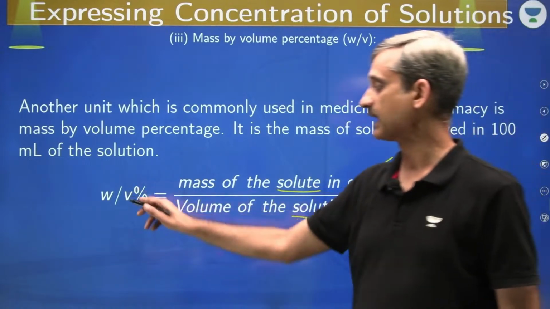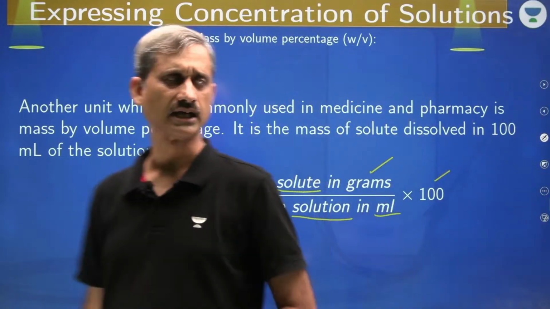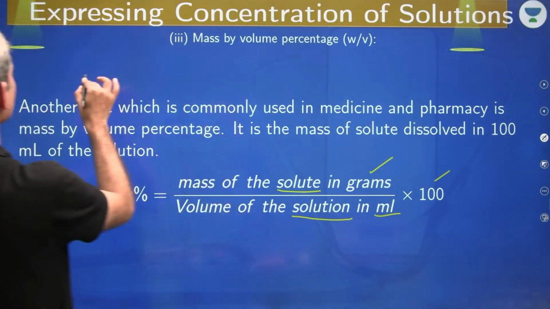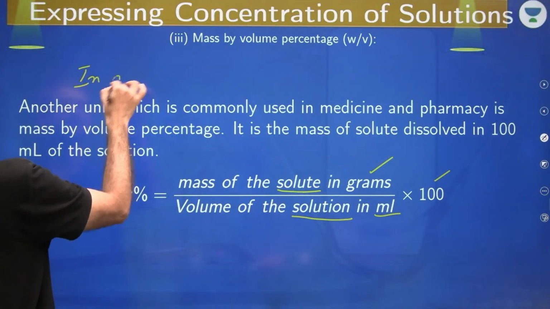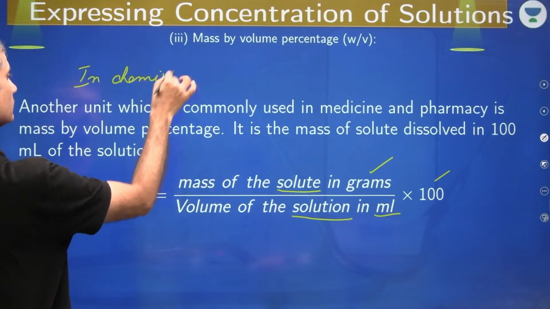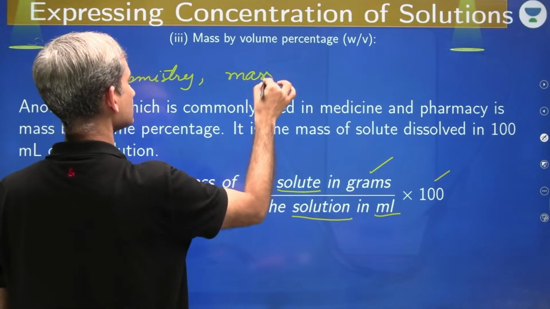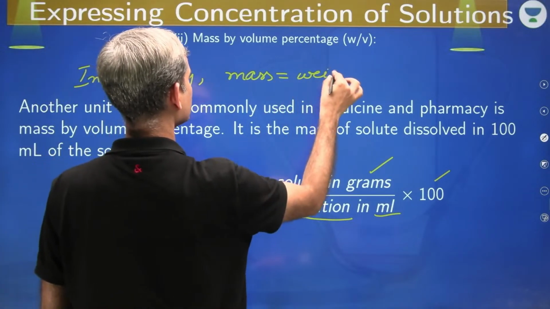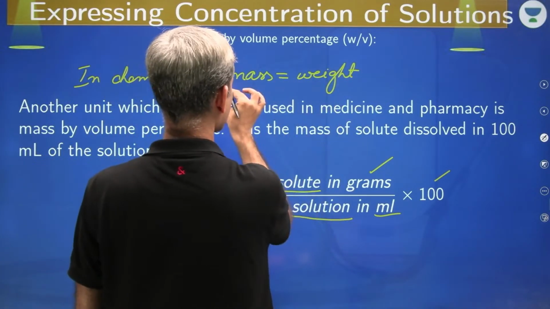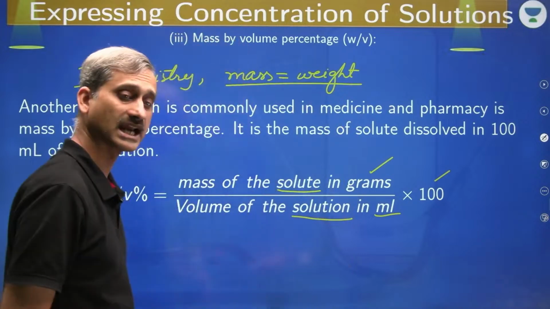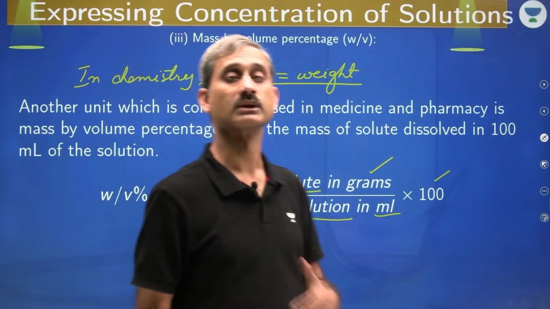It is weight by volume. And one thing we need to understand, in chemistry, mass is equal to weight. Just understand that. We do say atomic mass and we do say atomic weight.